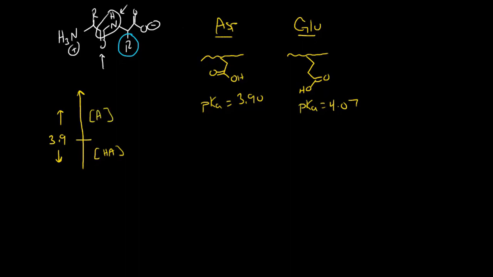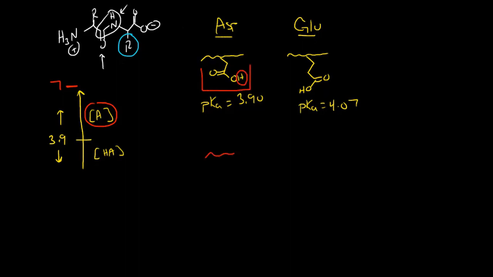Since we know that biological pH is up here at pH 7, this means that for both aspartic acid and glutamic acid, under physiological conditions, under biological pH, it's the basic form of these amino acids that is most prevalent.